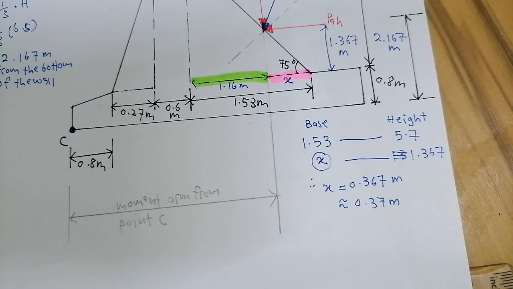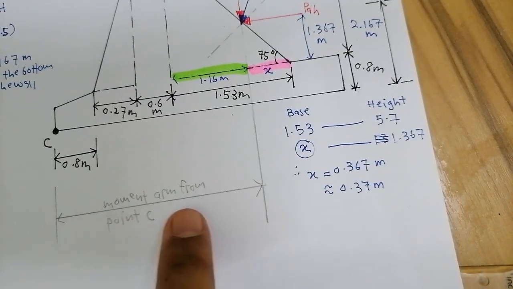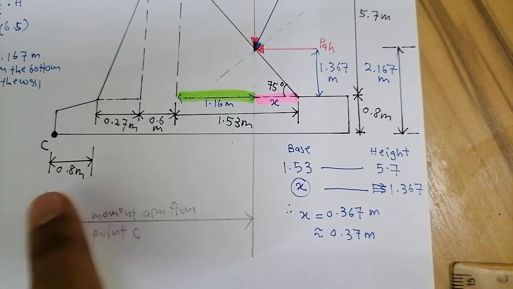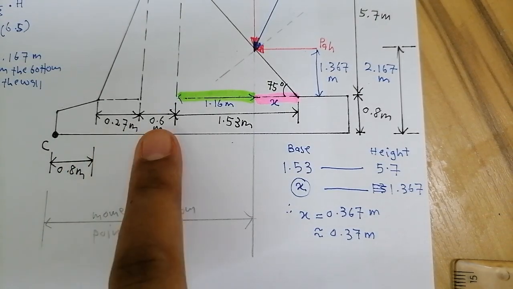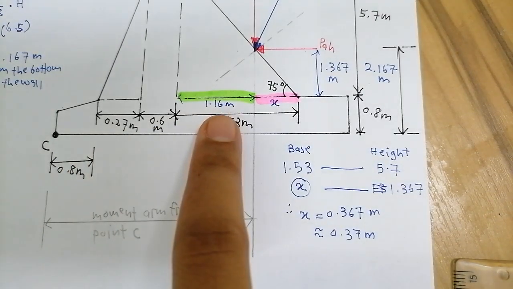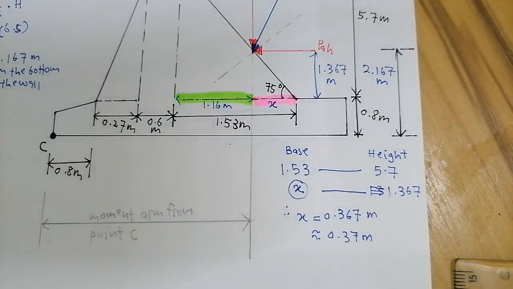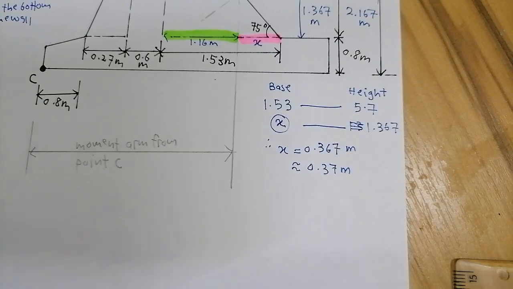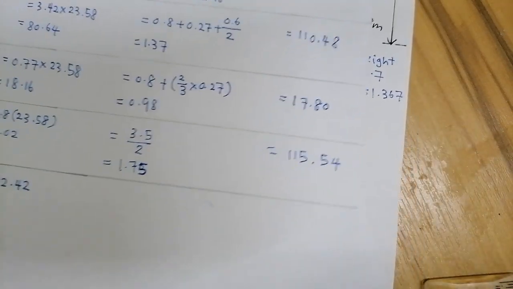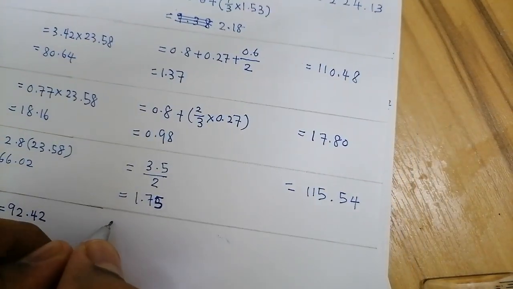All right, so to get the moment arm from point C is 0.8 plus 0.27 plus 0.6 plus 1.16. So let's write it in our table, which is here.